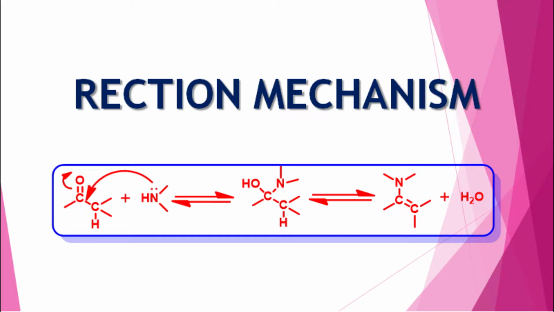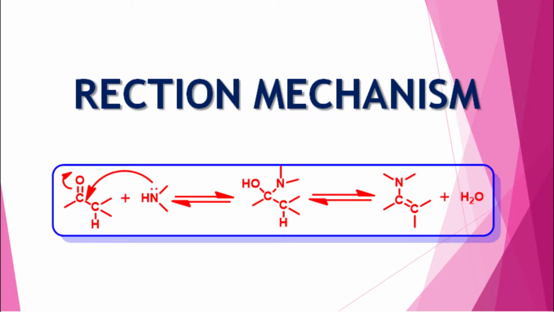Because of this, we have to maintain an optimum pH which satisfies both steps, so that the reaction can be carried out, and the optimum pH is slightly acidic. You also have to keep in mind that water is generated at the end of enamine formation.